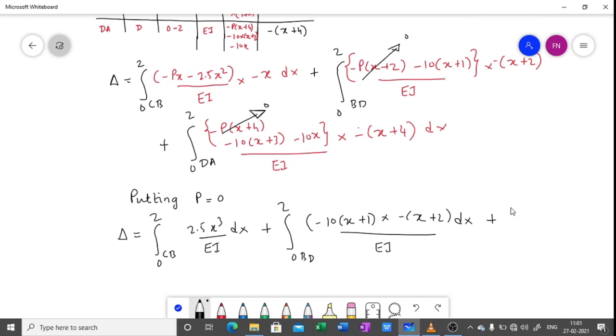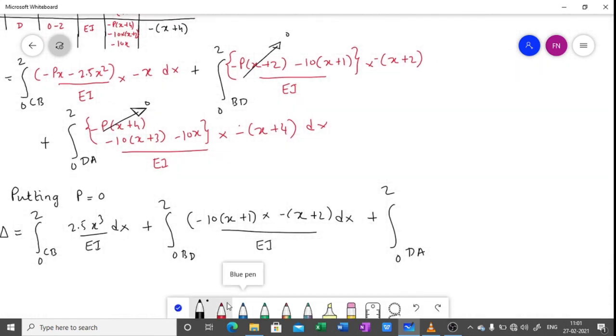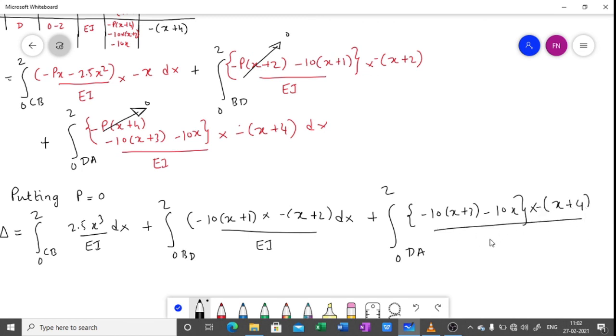So what you are left with, you have to write here 0 to 2 DA, minus 10 into x plus 3 minus 10 into x, into x plus 4, this is minus, divided by EI dx.